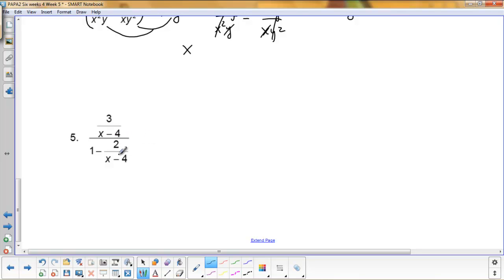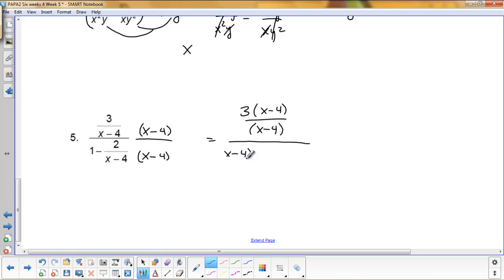The common denominator here is just x minus 4. So you're going to multiply x minus 4 in the numerator and the denominator. 3x minus 4 over x minus 4 divided by x minus 4 minus, remember you're distributing this, distribute it to the 1 and to the second fraction, 2 times x minus 4 divided by x minus 4.